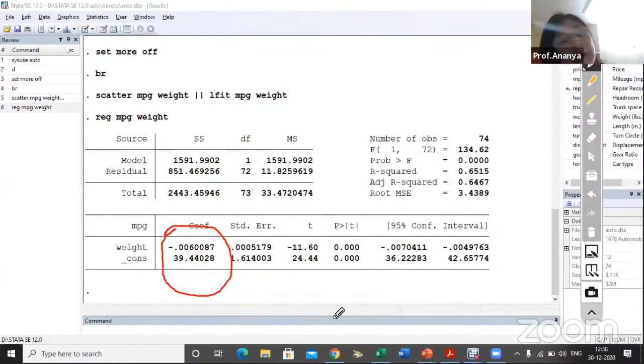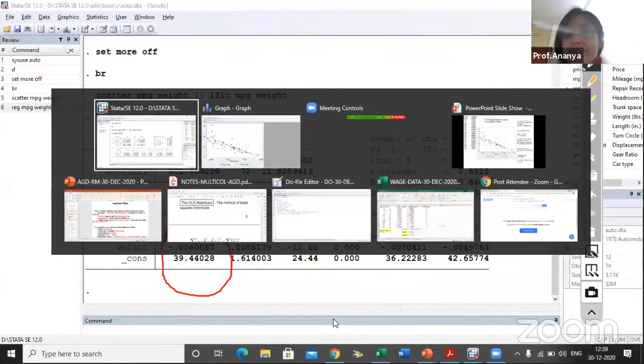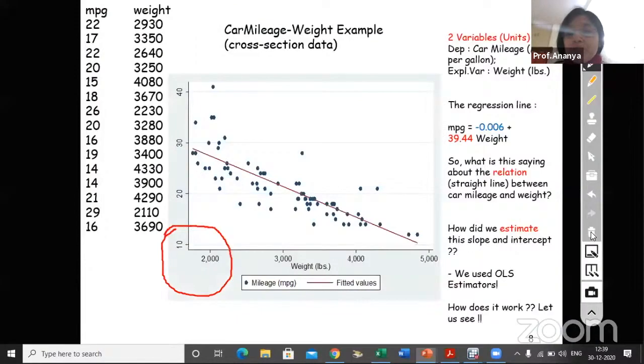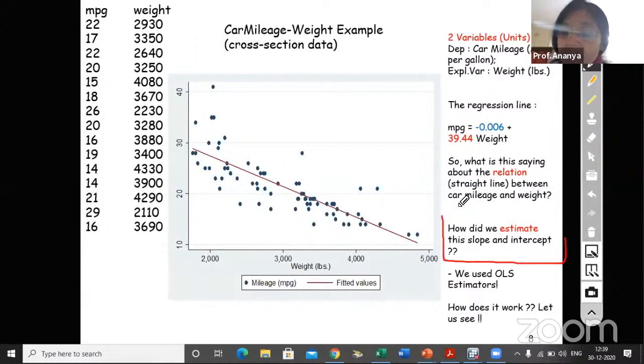This means that a car which is 1 pound heavier gives 0.006 miles per gallon less. That is what this result is saying. Having said that, how is it that we get this? Let me go back to my slideshow. As you can see, for all the examples, the answer to how we estimated the slope and the intercept is that we have used the OLS estimators. How do the OLS estimators work? Let us now see that.